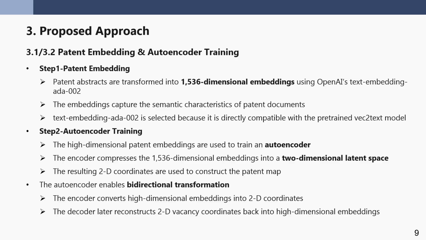The encoder reduces the embeddings from high dimensions to two dimensions, while the decoder can reconstruct the two-dimensional coordinates back into high-dimensional embeddings. This bidirectional structure is essential because the identified patent vacancies must later be reconstructed and converted into human-readable text.